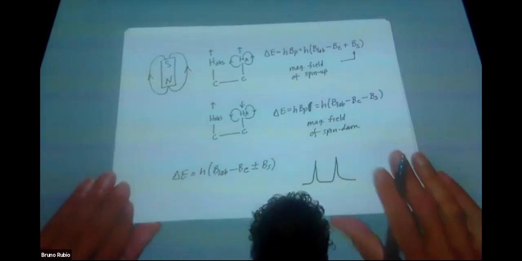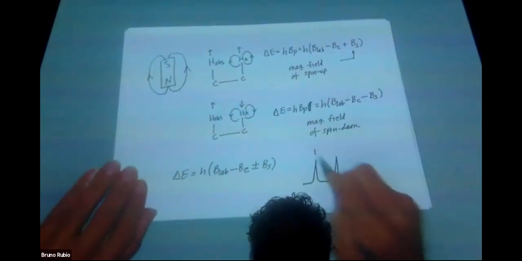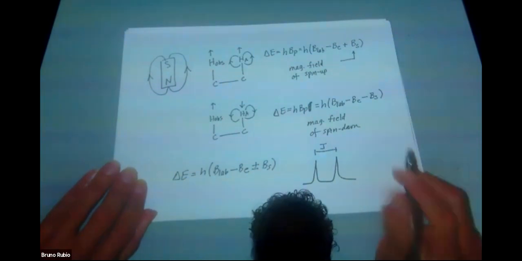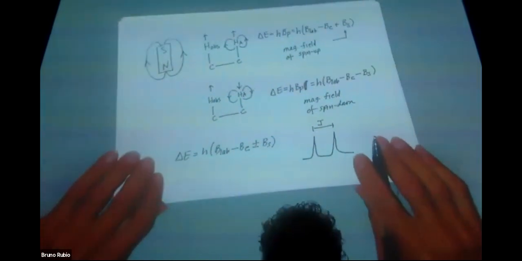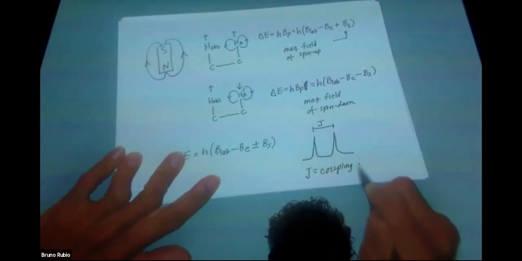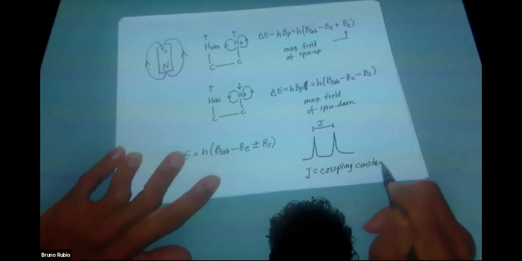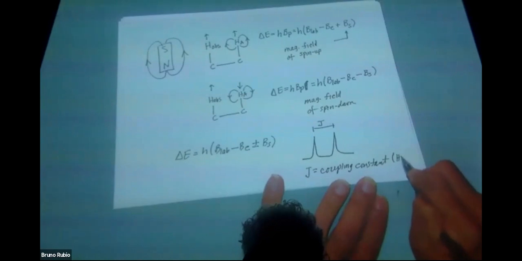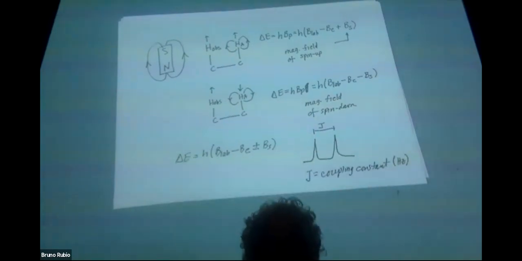So we're going to see these two peaks, and these two peaks are separated by what is called the coupling constant, J, right? J, this is the coupling constant. And the coupling constant is given in units of Hertz.